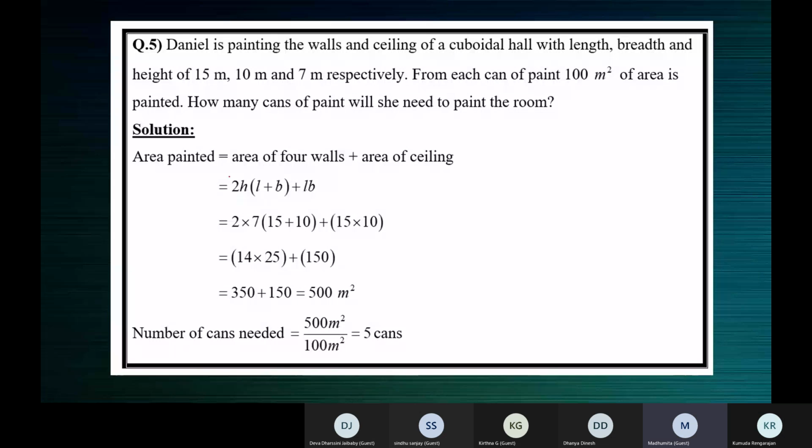Ma'am, I wrote this already using the meeting recording, ma'am. Okay. Completed, ma'am. Sindhu and Sanjay, is it understood clearly? Yes, ma'am. Okay.